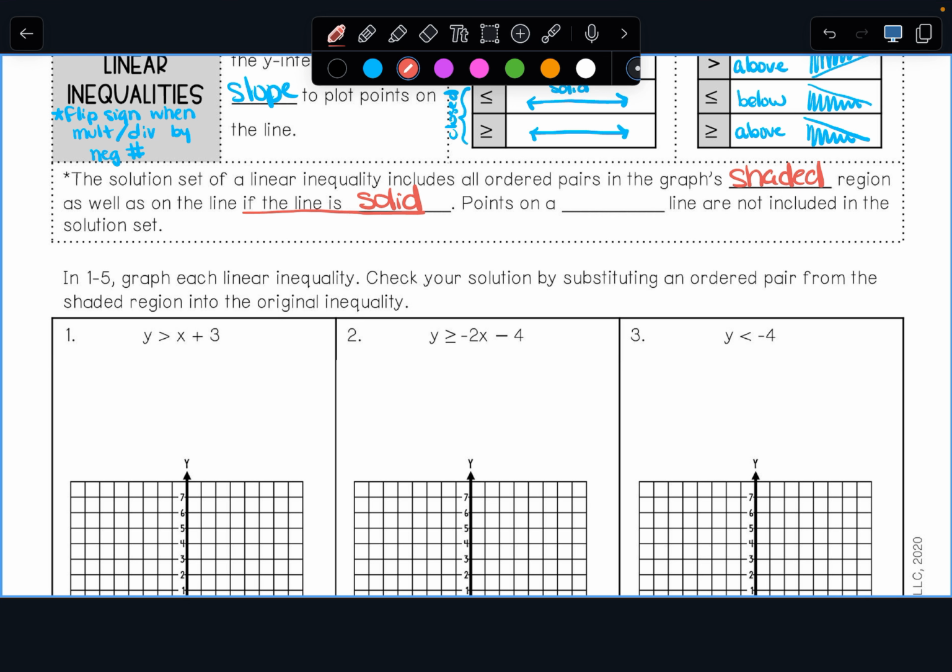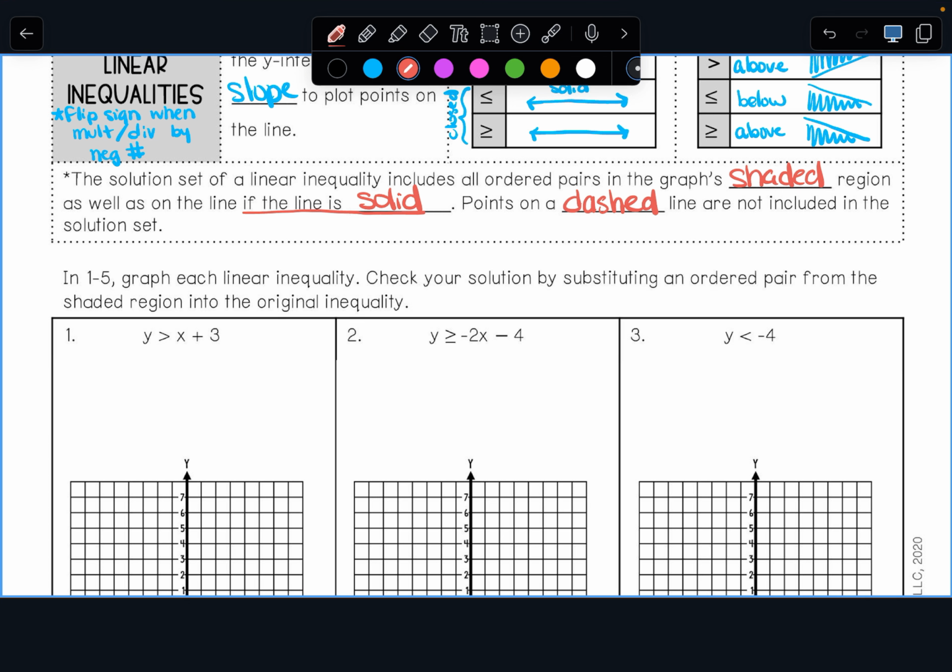If on the STAR test you're given a shaded inequality, and they give you an ordered pair that lands on a dashed line, that would indicate a wrong answer. It is not included in the solution set. That means that it is considered an open circle, like that number 5 that we just drew at the top, okay?